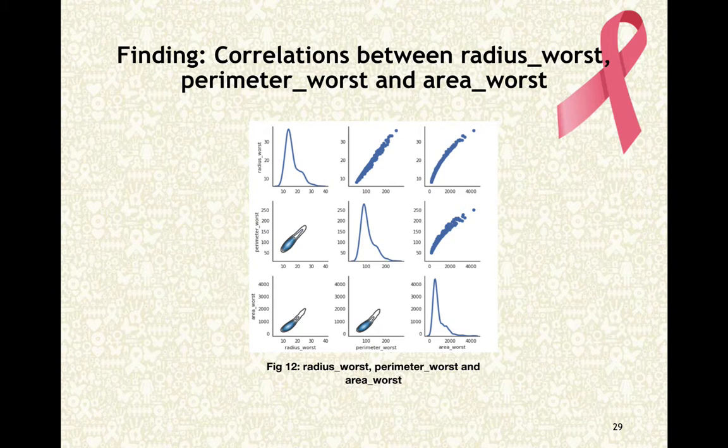I use a pair grid plot here to show the correlation between three features that look more correlated. I discovered radius worst, perimeter worst, and area worst are correlated, as shown below.